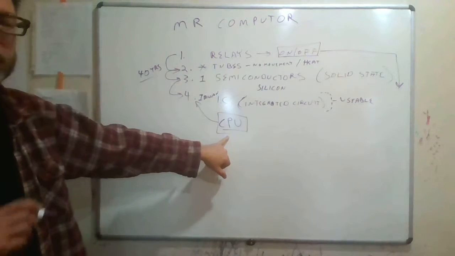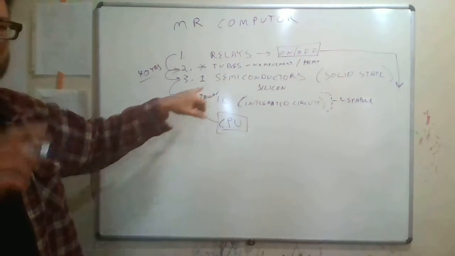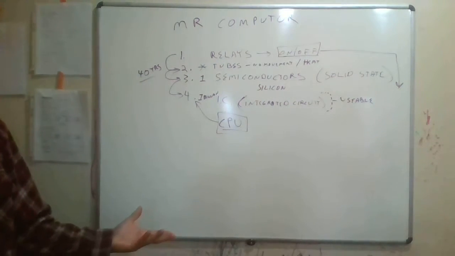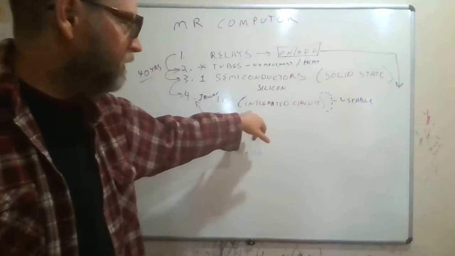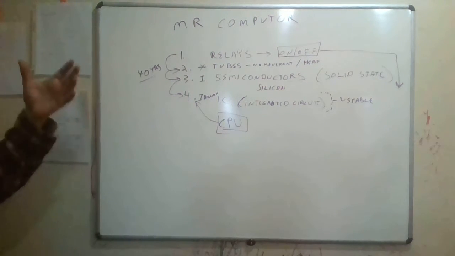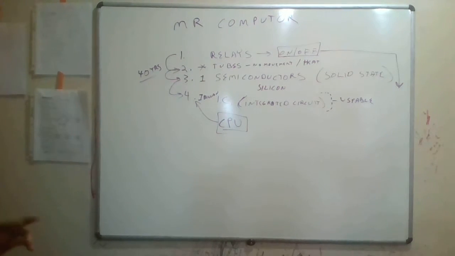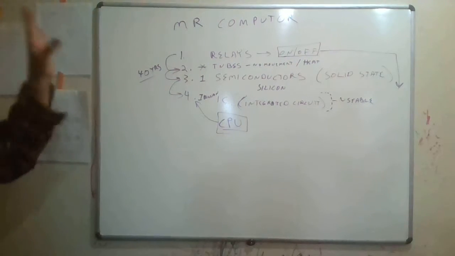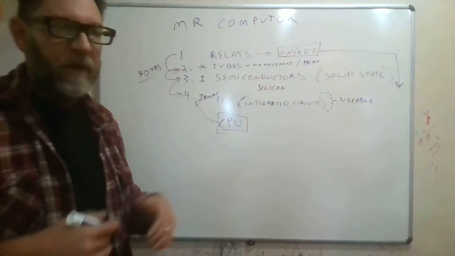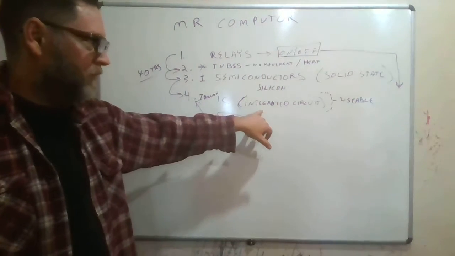So if you had a board that size with 1 million of those the size of that little one, it would be the size of this table. It's not practical. So before this was invented, computers as we know them were not practical. A computer was a room the size of this kitchen you'd walk into, and you look around and this whole thing is full of chips and things. That's a computer. So what made computers practical is this right here.